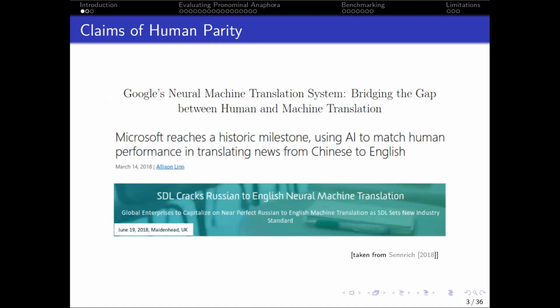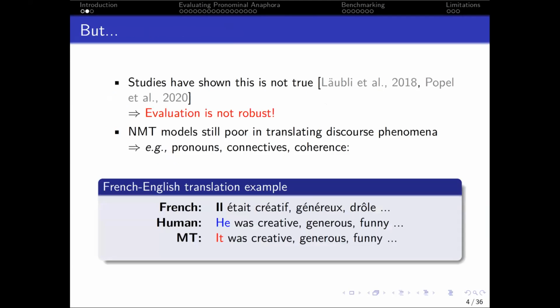So I think this is probably something that everyone is familiar with at this point. There have been fair amounts of claims of human parity and so on across different languages. And I think everyone here would probably agree that it was probably built too fast. Several studies have shown that this is not true, and mostly the problem has been that the evaluation is not really robust.